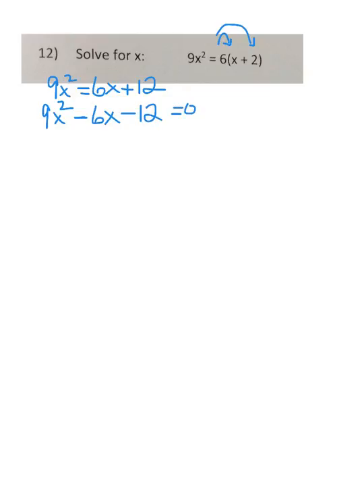Equals 0. Okay. Well, I'm going to look and see, well, I do have a GCF of 3, right? So couldn't I just divide everything by a 3? Which would give me 3x squared minus 2x minus 4, right?